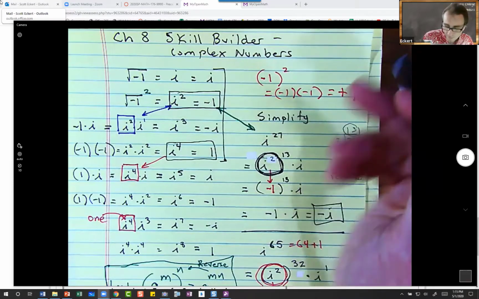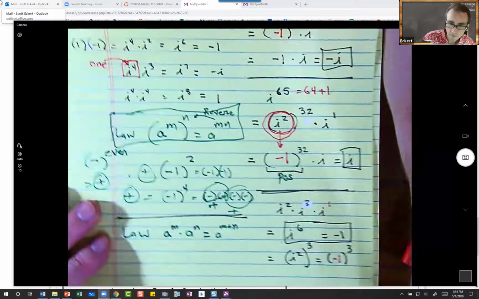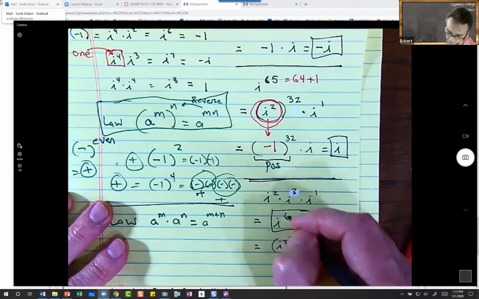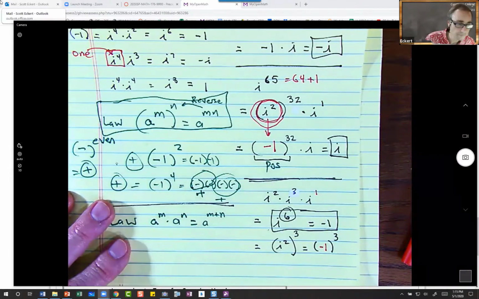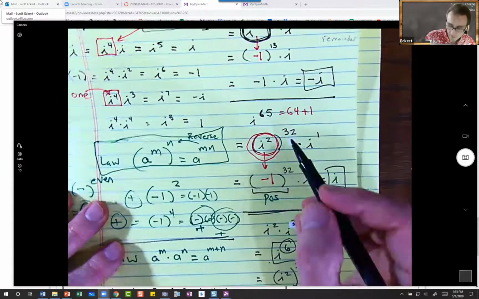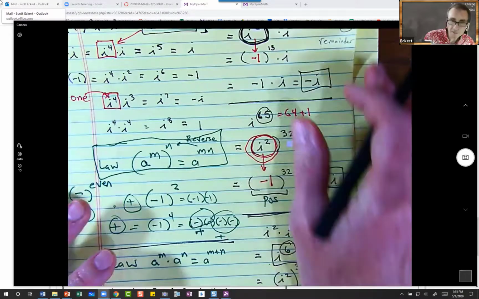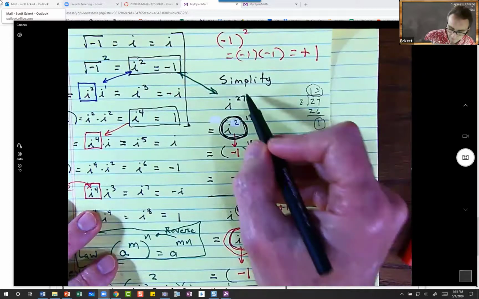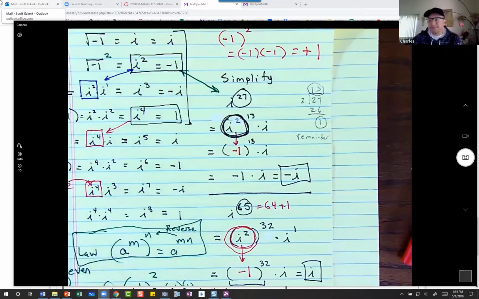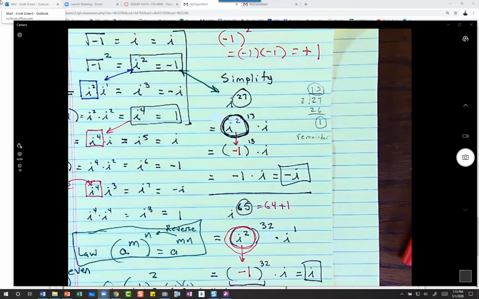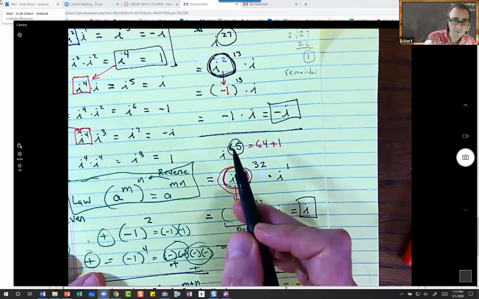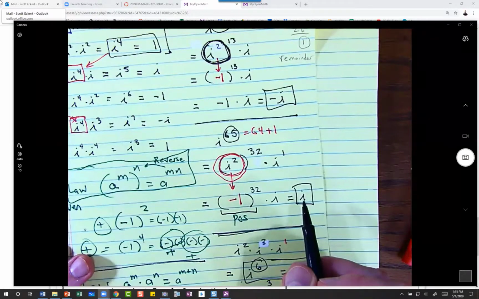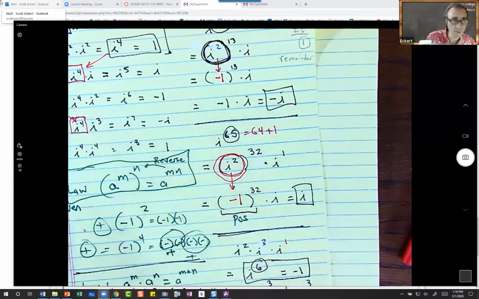Now, if the power is even, 6 was even. If it's even, you're going to get a 1 or a negative 1. If you start out with a power that's odd, like 65 or 27, you will get an I or a negative I. So here's an odd 27, it came out negative I. Here's an odd 65, it came out positive I. So that part is just going to depend.